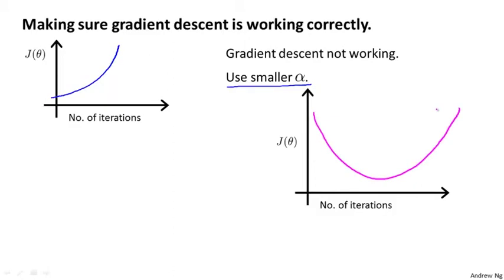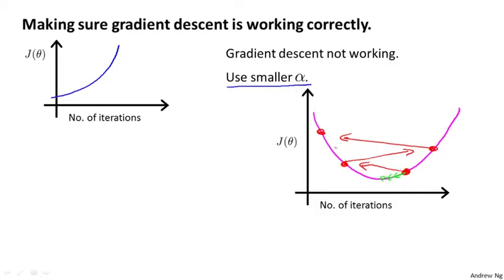If your learning rate is too big and you start off there, gradient descent may overshoot the minimum and send you there. If the learning rate is too big, you may overshoot again and send you there, and so on. What you really wanted was for it to start here and slowly go downhill, right?